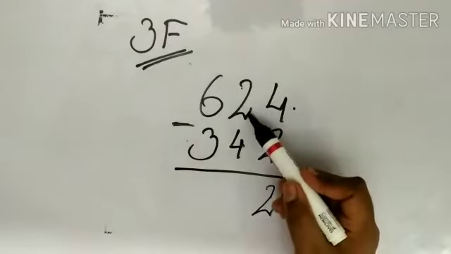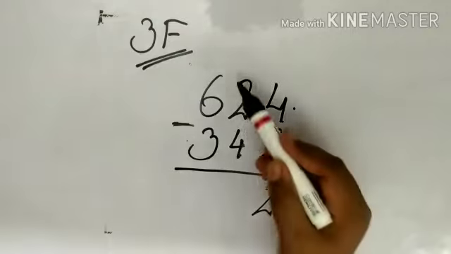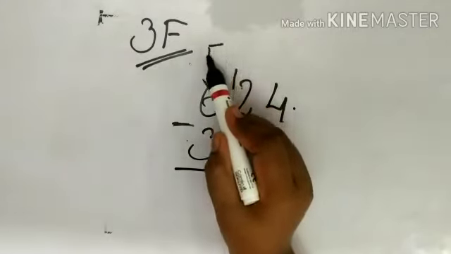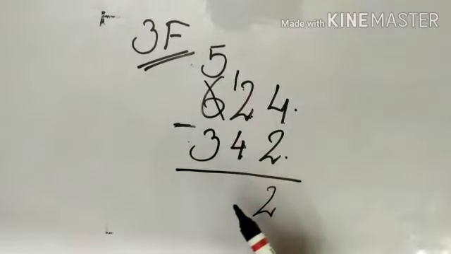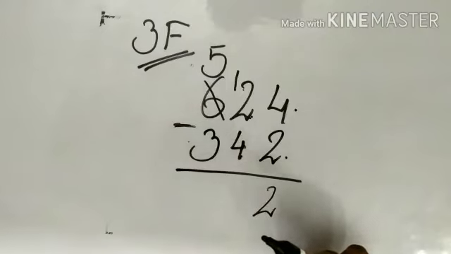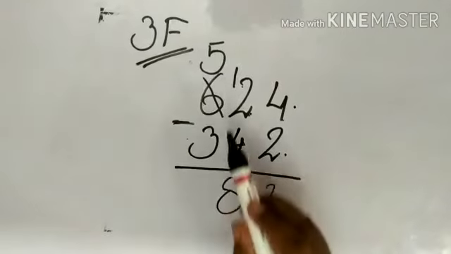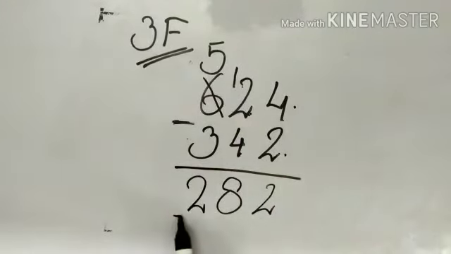And then 2 minus 4, well, 2 is smaller than 4, so we take a carry. We take a carry from 6, it becomes 5. 12 minus 4 is, yes, come on, what is the answer? 8, right? And what is 5 minus 3? Absolutely.